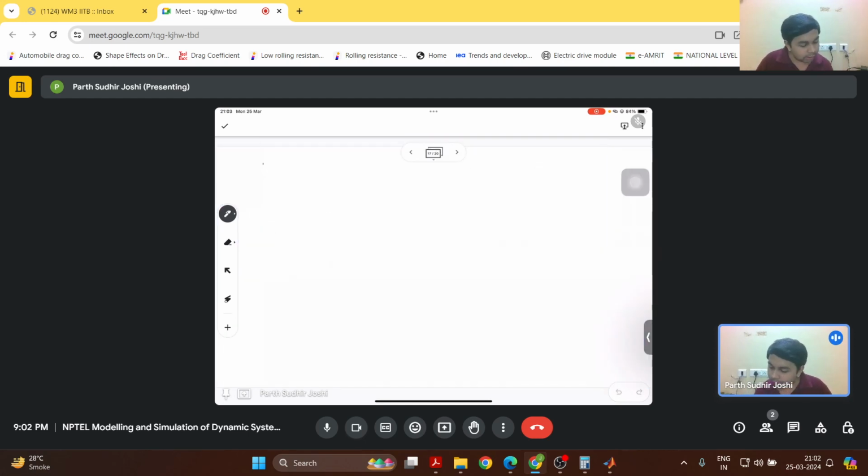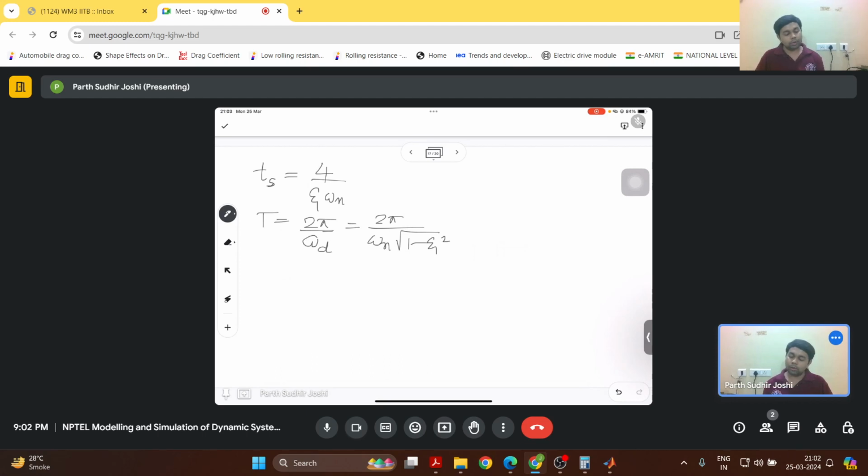So the settling time for 0.2% of steady state value is given by 4 upon zeta omega n, and the time period of oscillations is basically 2 pi upon omega d, which is 2 pi upon omega n into root of 1 minus zeta square.